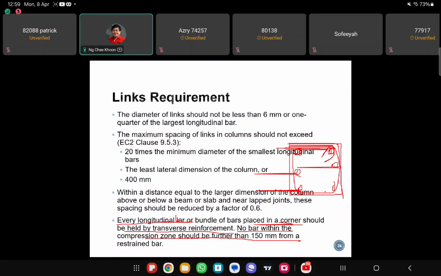All the corner bars must be restrained by a link. And no bar within the compression zone should be further than 150 mm from a restraint bar, right?